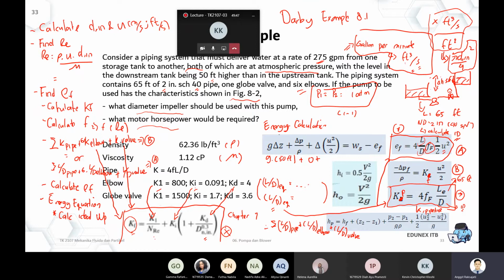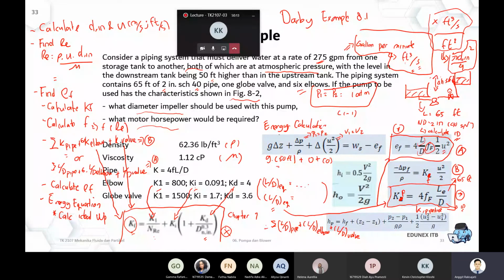Delta velocity, I don't think you have it because everything is 1 inch, right? Everything is flowed into 1 inch. That means there is no change in the diameter, so no change in the velocity of the water in the pipeline. So that's 0 because V1 is equal to V2.